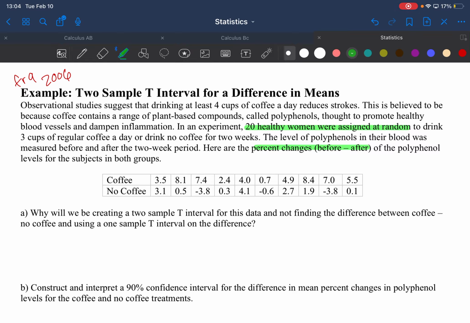So notice we have a group of people who drank coffee and a group of people who did not drink coffee. How many people are in each group? 10. So the first question says, why will we be creating a 2-sample t interval instead of finding the difference between the two and using a 1-sample t interval on the difference.